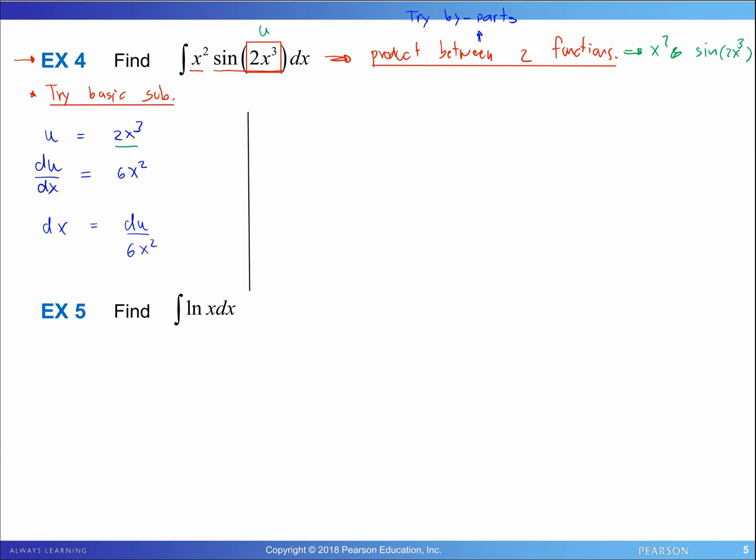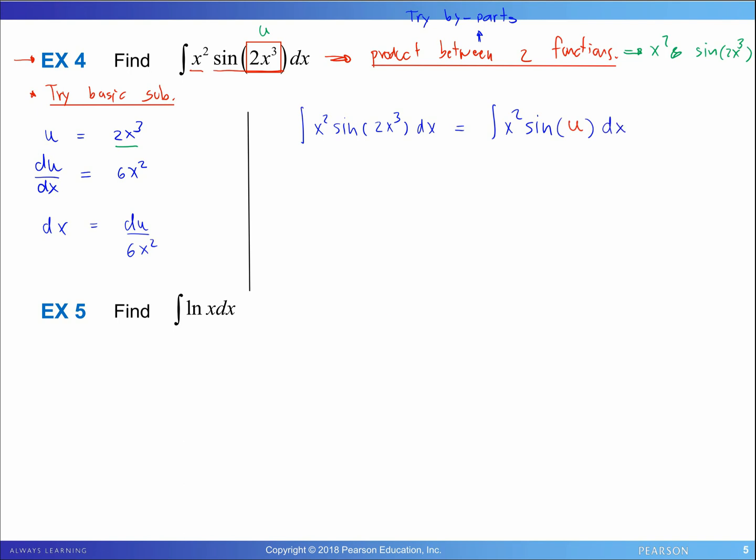So we have an integral of x squared times sine of 2x cubed dx equal to the integral of x squared sine of, and now u goes in right here, dx.